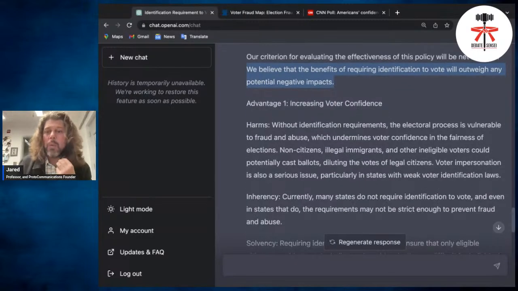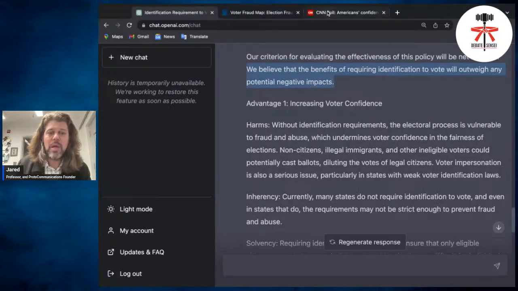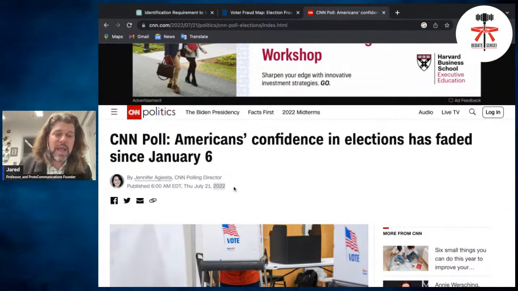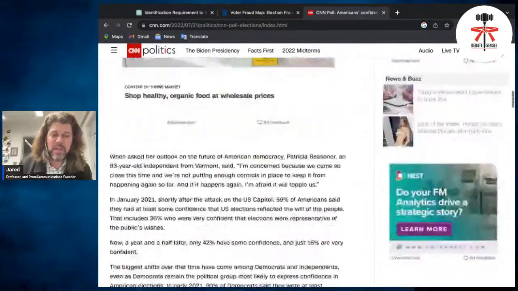But what I want you to notice is that you can get going really quickly with ChatGPT. You can really get the ball rolling. All right. And now all you have to do is go and look up your own sources. And you can say, okay, according to CNN on July 1st, 2022, Americans' confidence in elections has gone down significantly, right?